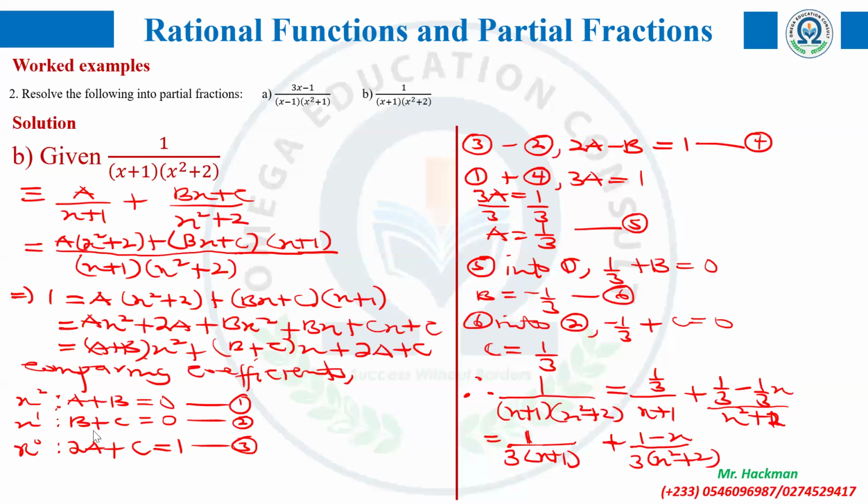Yes, sir. Somebody can also fix equation 2. If you fix equation 2, it doesn't contain A, so you have to eliminate A in equations 1 and 3.